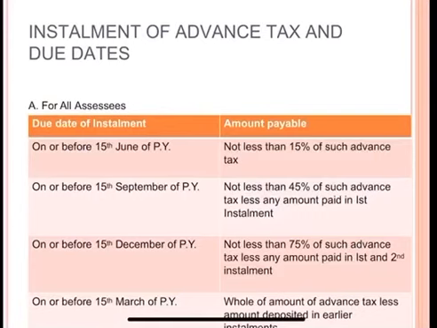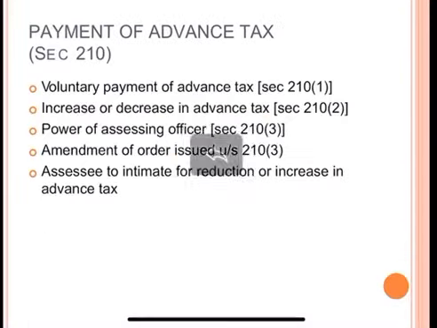Similarly, for December, 75% of 5 lakh becomes 3,75,000, minus the 75,000 already paid in the first installment and the amount paid in the second installment. So we'll go on like this.